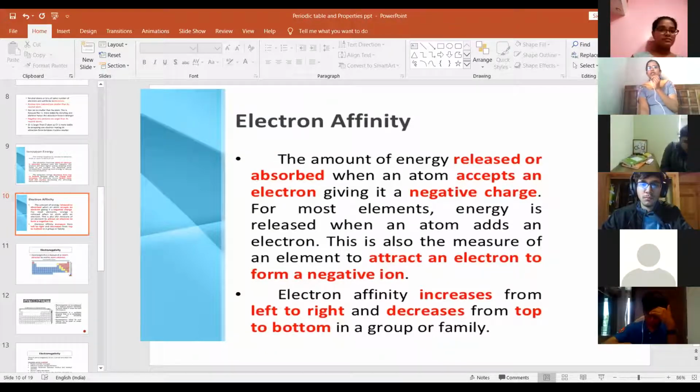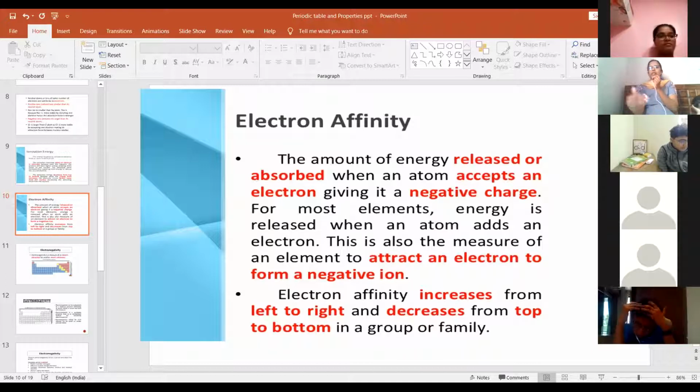Okay, listen here. Down the group, we have discussed that the number of shells increases. As the number of shells increases, atomic radius also increases. That means the distance between the nucleus and the last electron will be increasing.